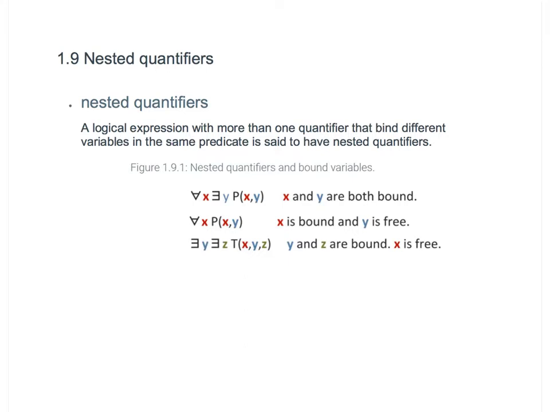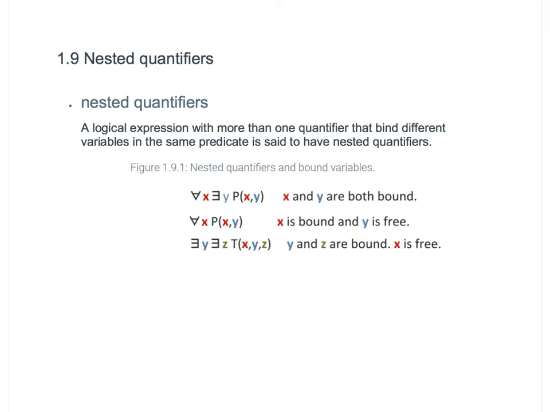So in this case, both x and y are bound variables. X is bound by the universal quantifier, y is bound by an existential quantifier. And it is important to note that the universal quantifier comes before the existential quantifier.